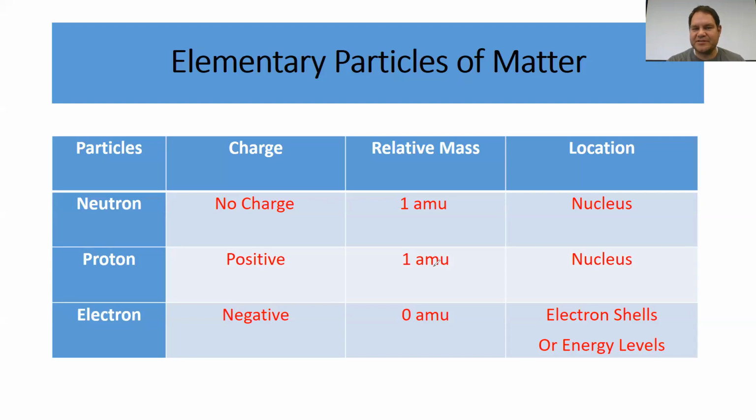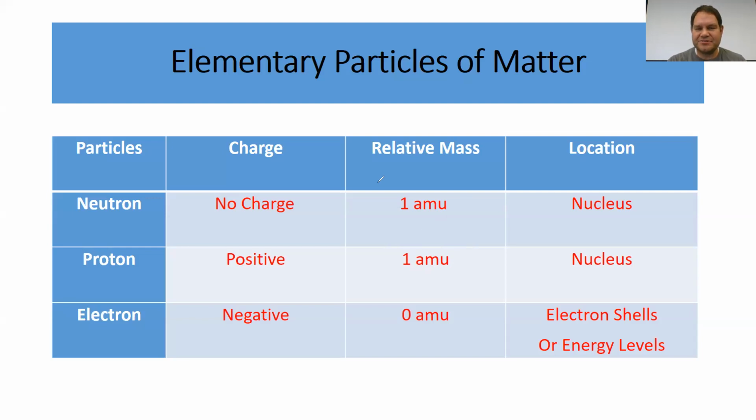AMU stands for atomic mass unit. Really, the proton is not the size of 1 AMU as far as a mass scale of grams, but for us, we're saying that a proton has a mass of 1 AMU, and it becomes handy as we work through problems with atoms later on.